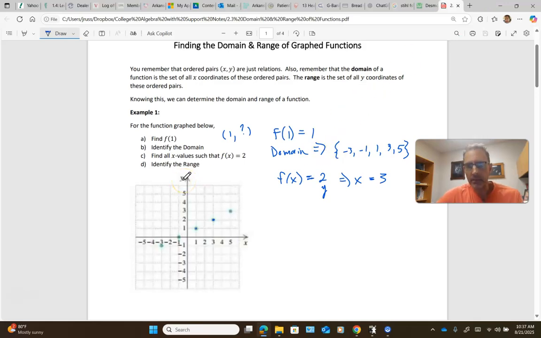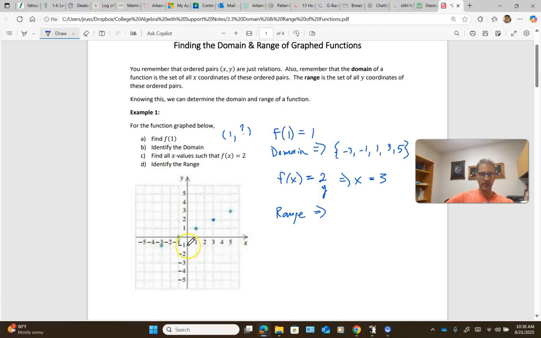Alright, and then finally part D says we want to identify the range of this function. Well, again, the range is just the set of the output values. Because there's only 5 points, there's only going to be 5 values in the range. And they're going to correspond to the y-coordinates of all these points.